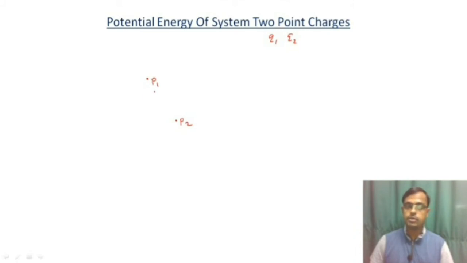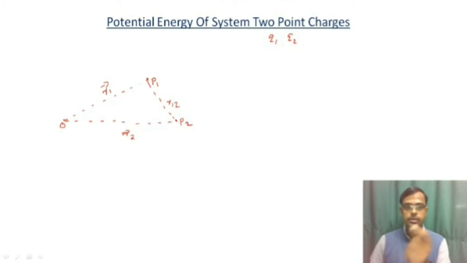Points P1 and P2 are placed where we consider an external electric field is present. So you take this as a common origin. O to P1, say it as R1 vector, O to P2, take it as R2 vector, and P1 to P2, take it as R12.